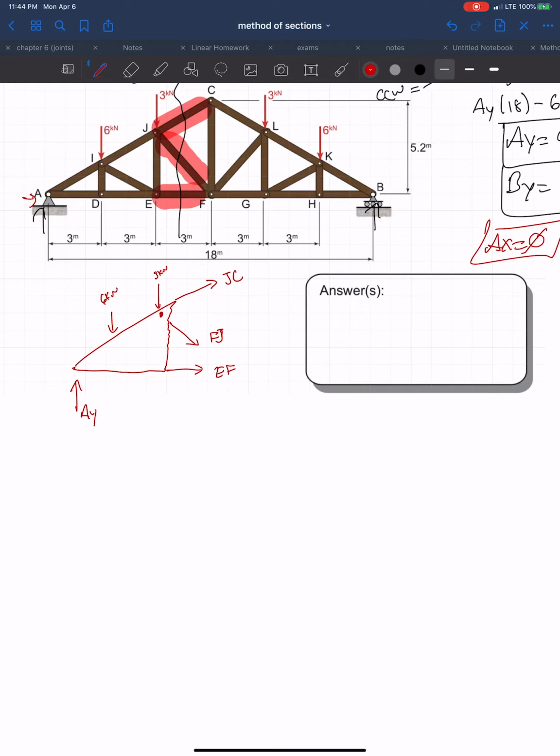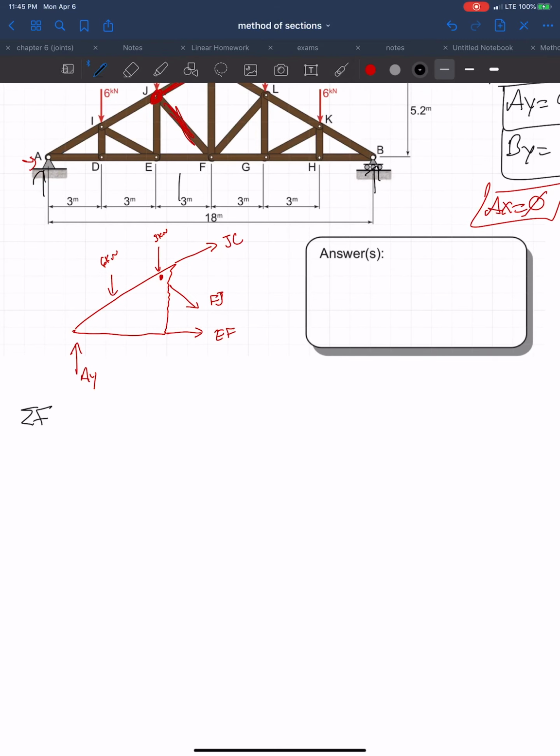In this big picture, let me go ahead and erase these. This could be a little easier to read. So we're going to take a moment here, and that's going to cancel our JC and our FJ. So we're just going to be left with EF. So that's a very good spot. Okay, let's go ahead and solve that.